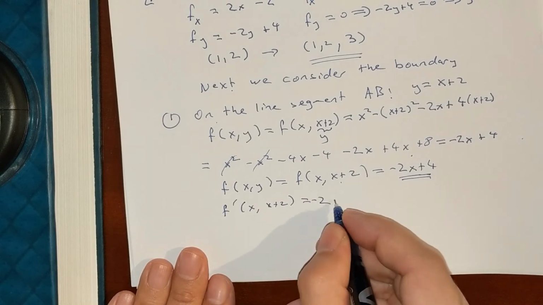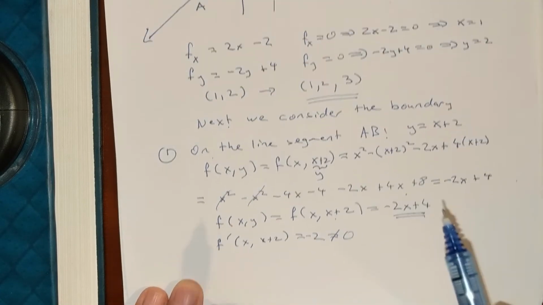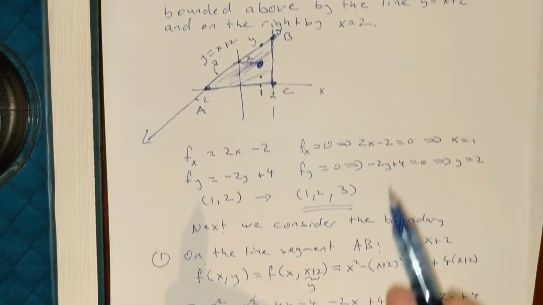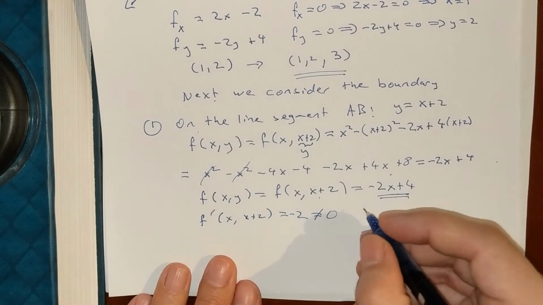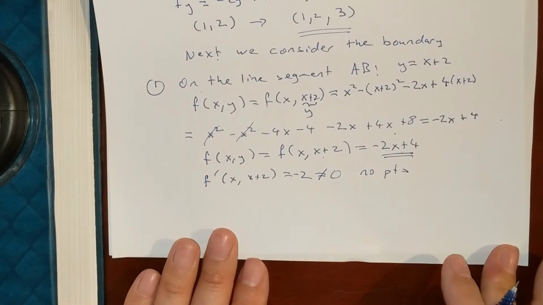Well, that's just minus 2. It's never equal to 0, okay? So this behaves like the interior of a single variable function. Because it's a minus 2, there are no candidates, no points from here, because the derivative is never equal to 0.